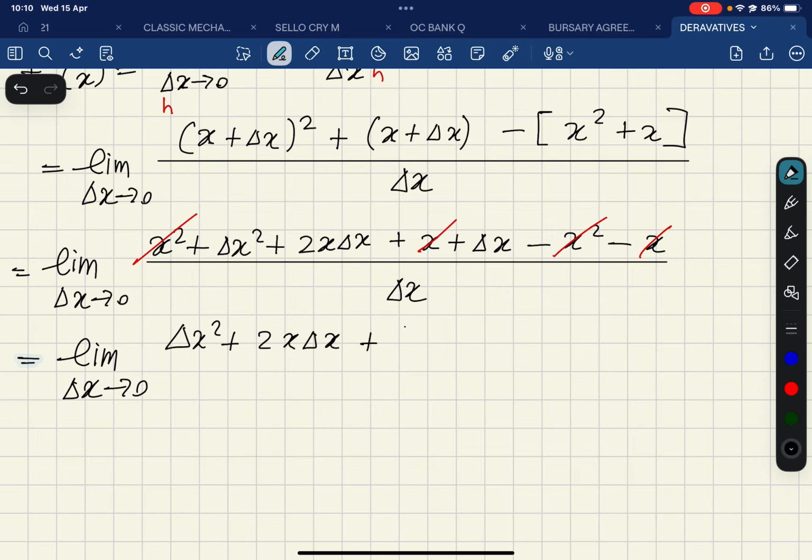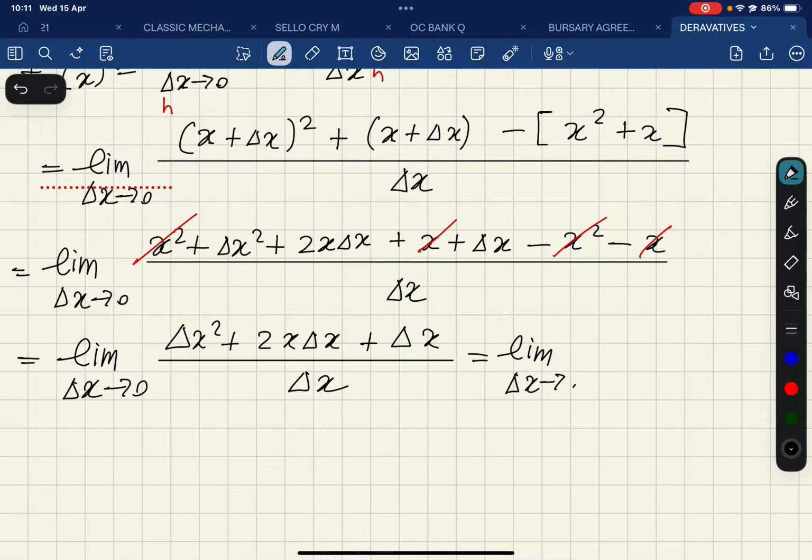So I'm remaining with the change in x, all divided by the change in x. From there, I remove the common factor of change in x in the numerator, which means I will remain with change in x into change in x plus 2x plus 1, all divided by the change in x.